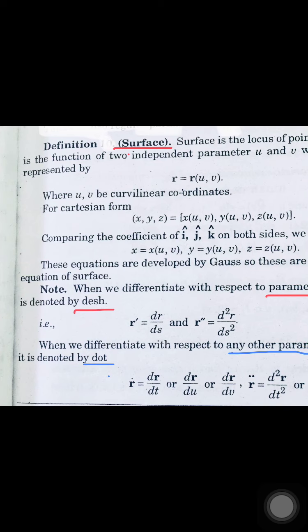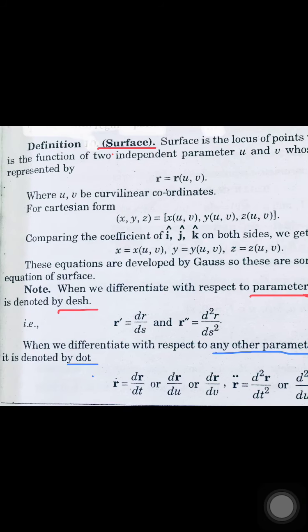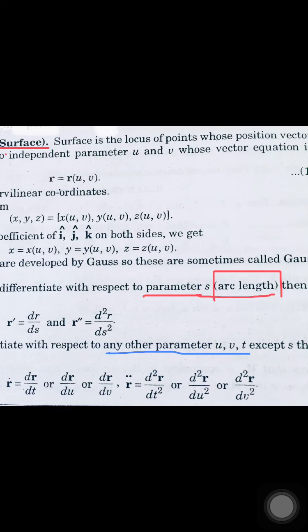Or r double dash means you differentiate twice with respect to arc length, that is d2r by ds square. Otherwise, when we differentiate with respect to any other parameter, we denote it by a dot. So r dot is dr by dt, r double dot is d2r by dt square, and so on.